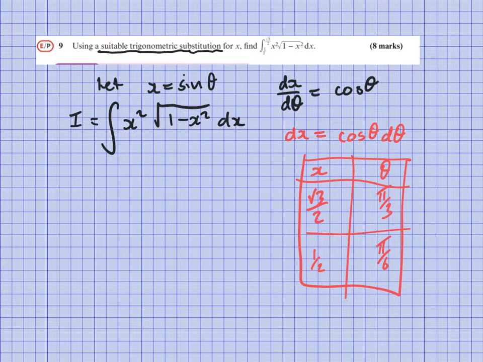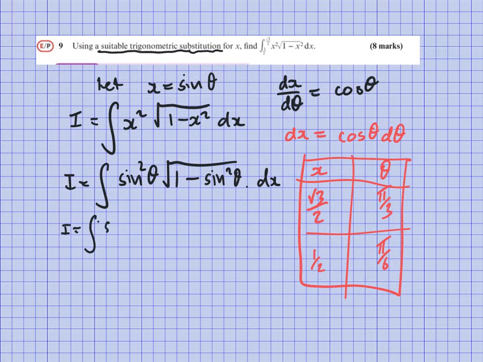At every step, I'm going to replace the x with sine theta, which will give me the integral of sine squared theta times the square root of 1 minus sine squared theta dx. Now I will replace the dx with cos theta d theta. So I get sine squared theta times the square root of 1 minus sine squared theta times cos theta d theta.